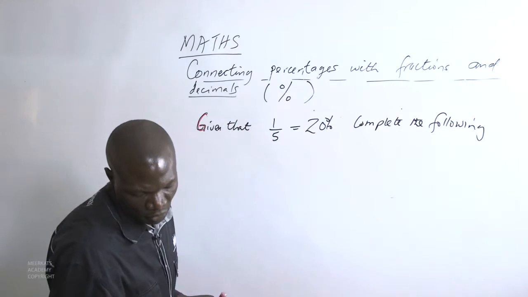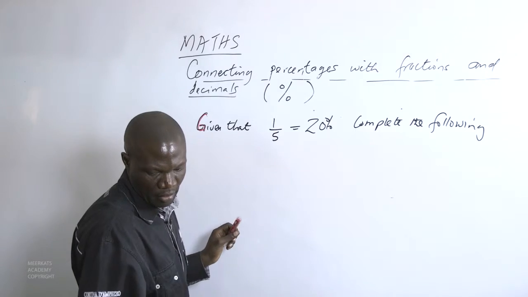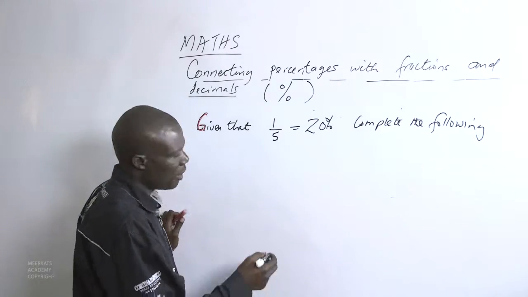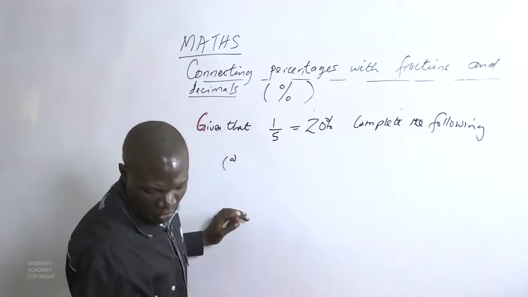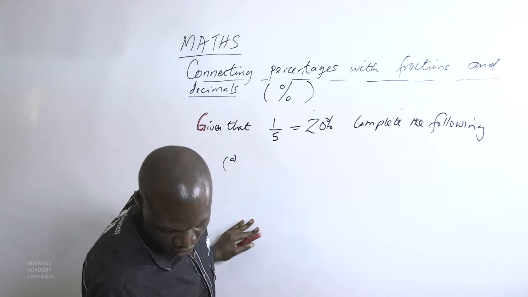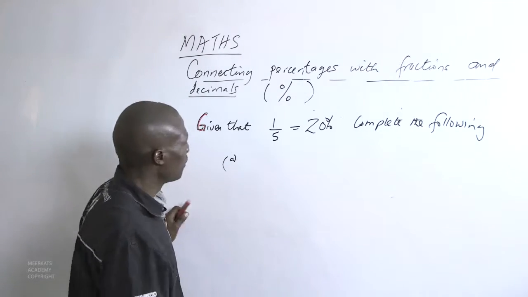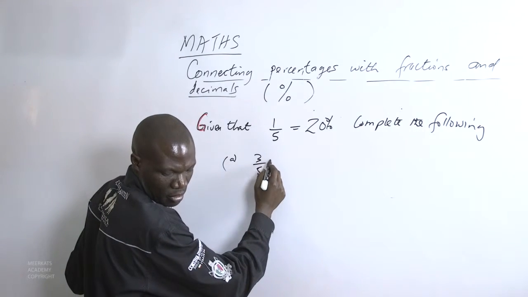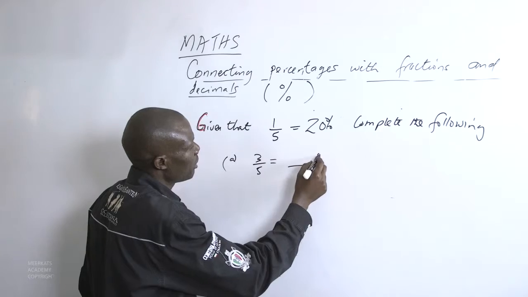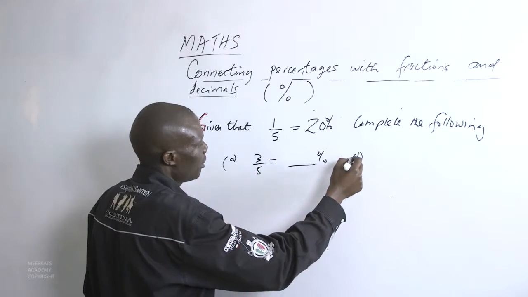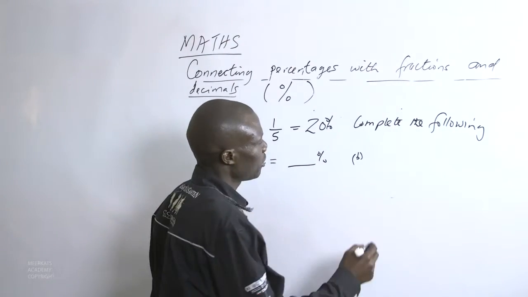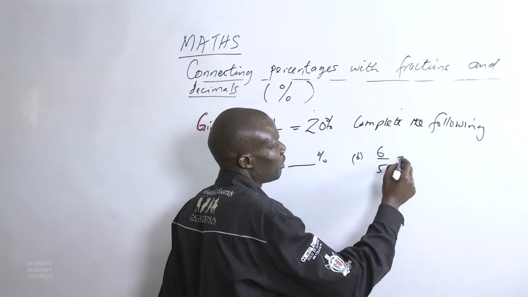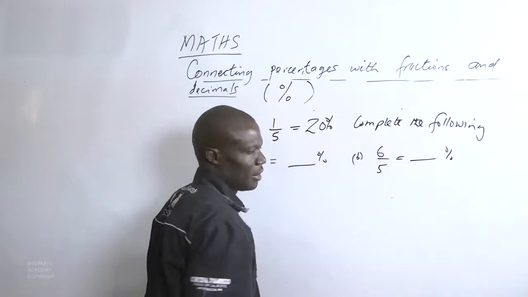A, 3 over 5 is equal to what percentage? And B, 6 over 5 is equal to what percentage?